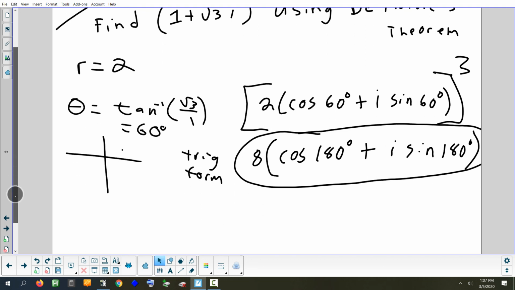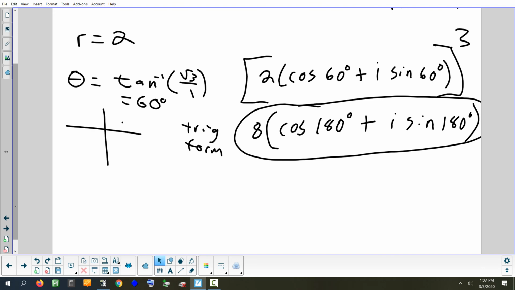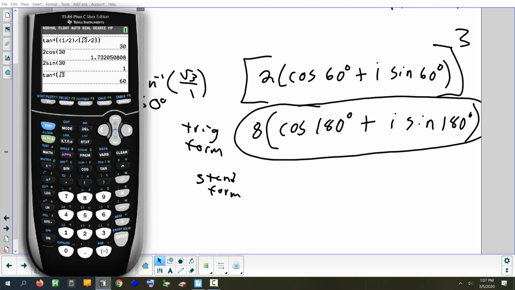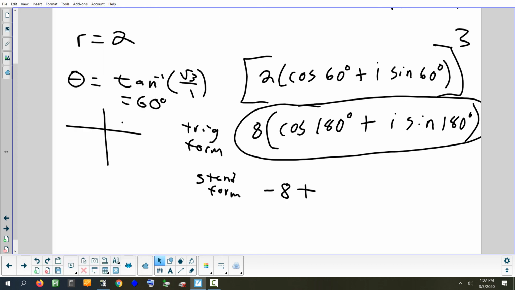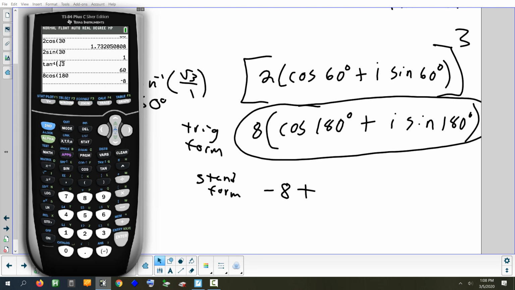Now, I told you we're not going to do this a lot today, but we'll do it for a couple of them. What if I wanted standard form? What do I have to do? Yeah, multiply it out. 8 cosine 180. That's negative 8, plus 8 sine 180, and then put an i next to it. 8 sine 180 is 0.